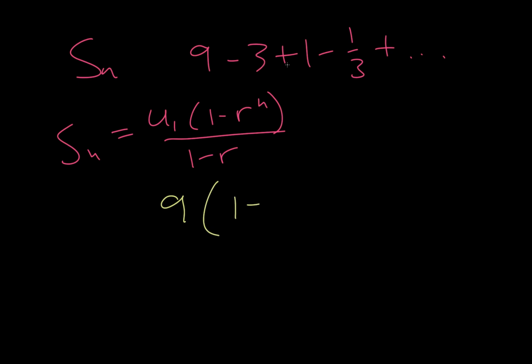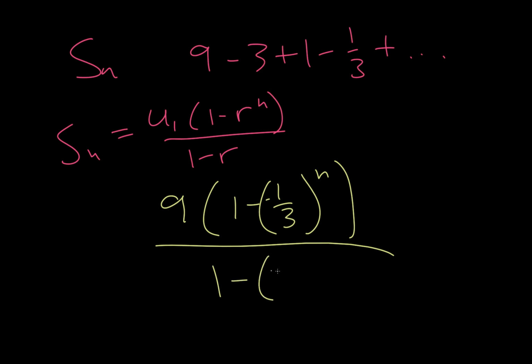Now we want to figure out our common ratio. We're decreasing in magnitude for each one: 9, 3, 1, 1/3. So our r is going to be 1/3 because we're dividing by 3. However, because the signs are flipping, positive, negative, it's actually a negative 1/3. Then we raise that to the n, all over 1 minus a negative 1/3.